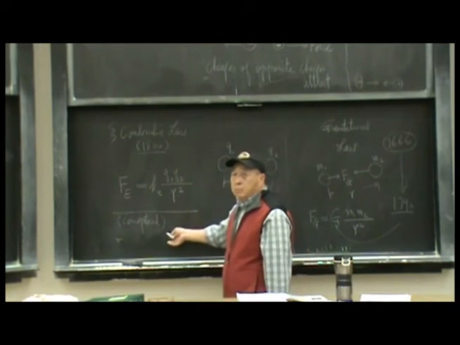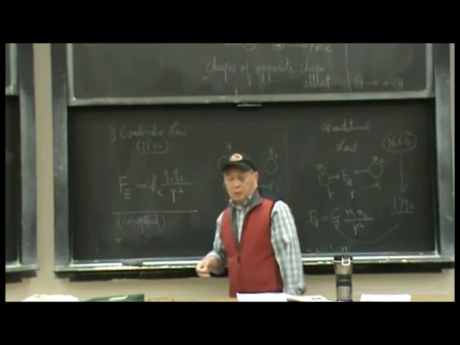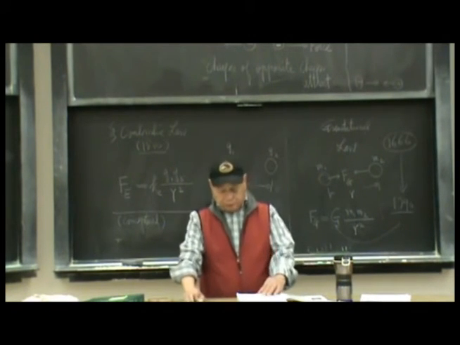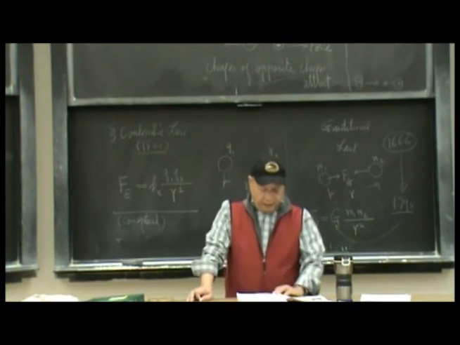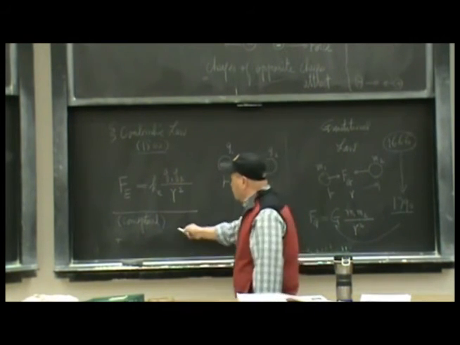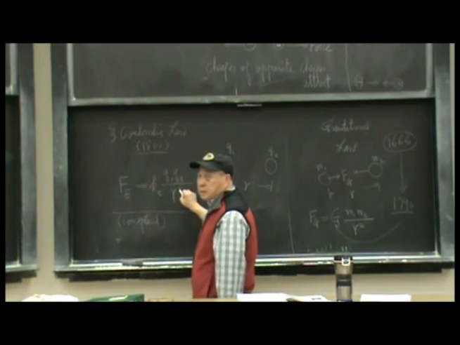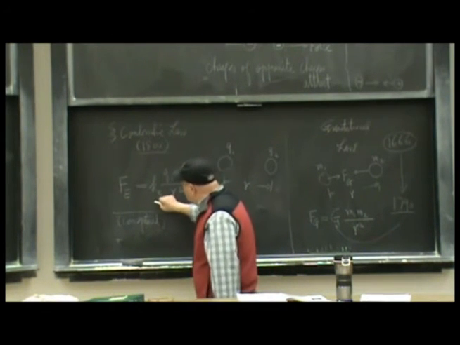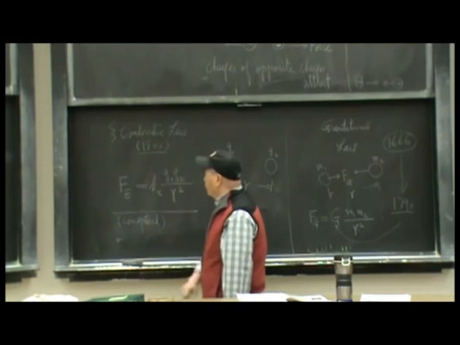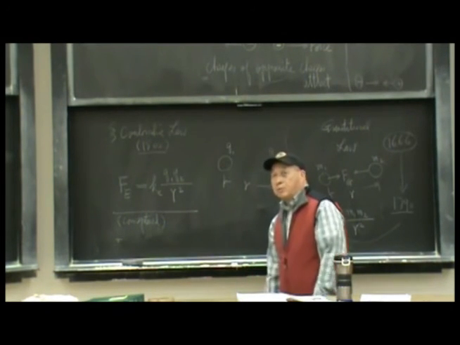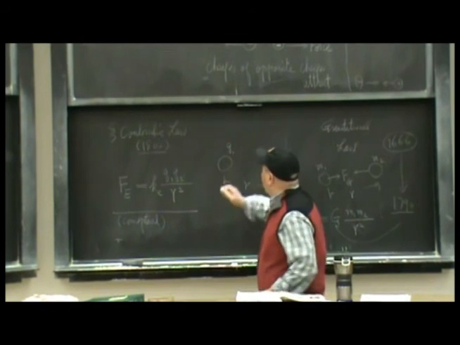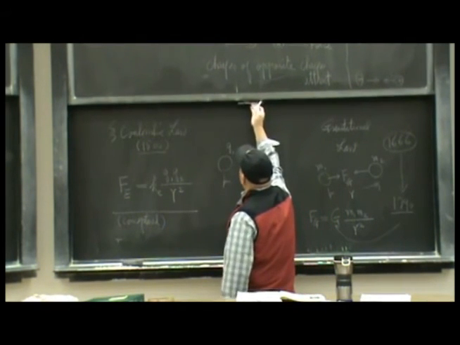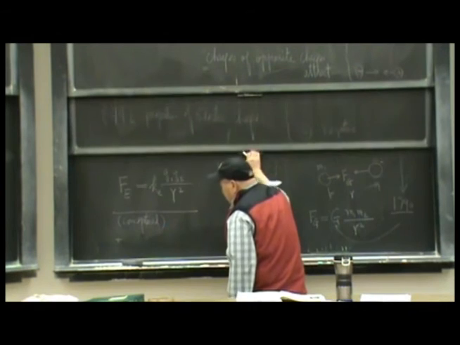So Coulomb went to the laboratory and tried to do this experiment and calculation. Thank goodness, he did prove this, and he found out how to do the calculation of K sub E.